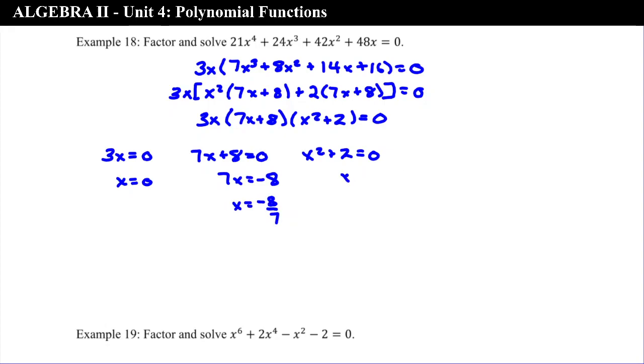And then for this one, subtract each side by 2. In fact, that would give us negative 2 on that side. And then take the square root of each side, and you get plus or minus i square root of 2. So 2 imaginary solutions, 2 real solutions.